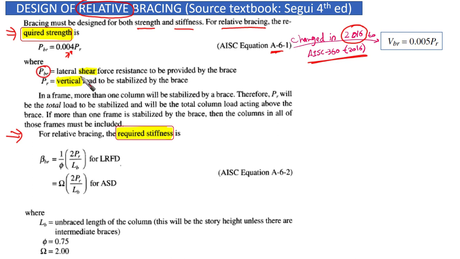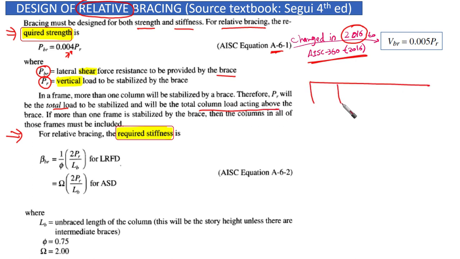PBR, we know, is the lateral shear force resistance to be provided by the brace. And PR is the vertical load to be stabilized by the brace, which we call the required axial strength according to the appendix. In a frame, more than one column will be stabilized by a brace. Therefore PR will be the total load to be stabilized, the total column load acting above the brace.